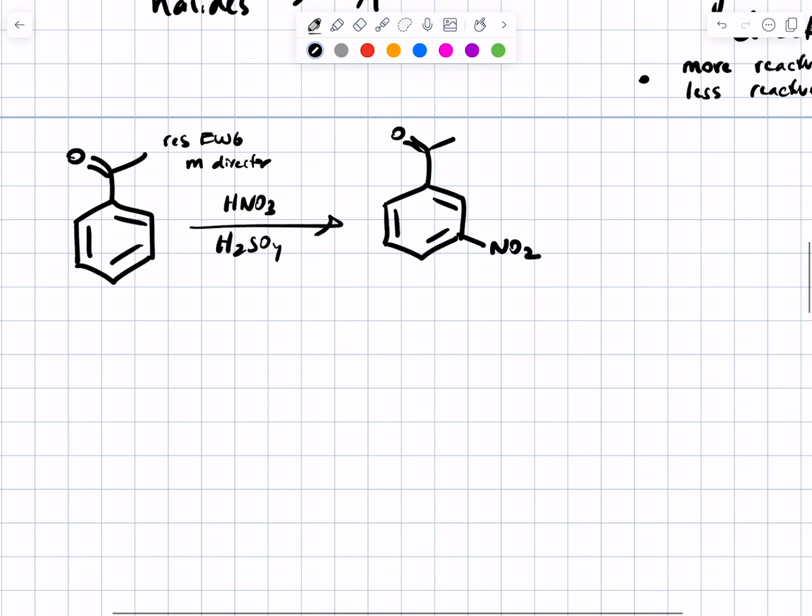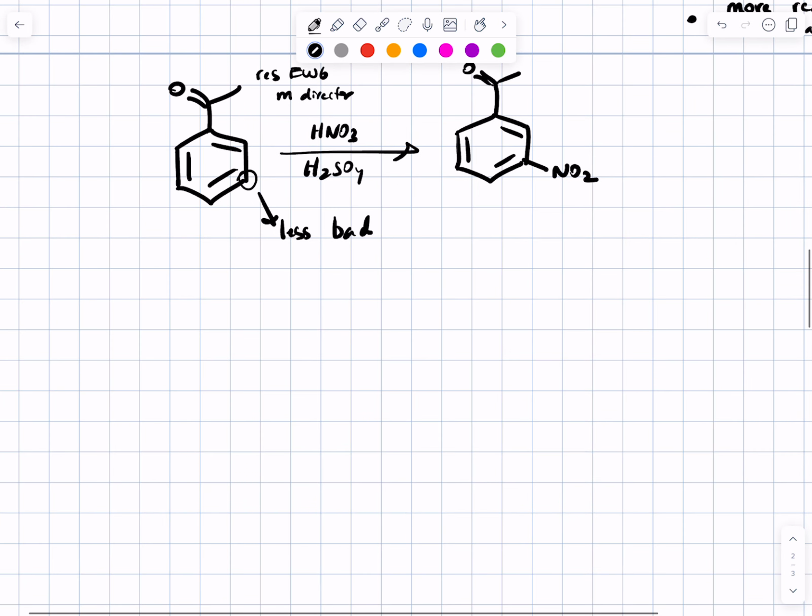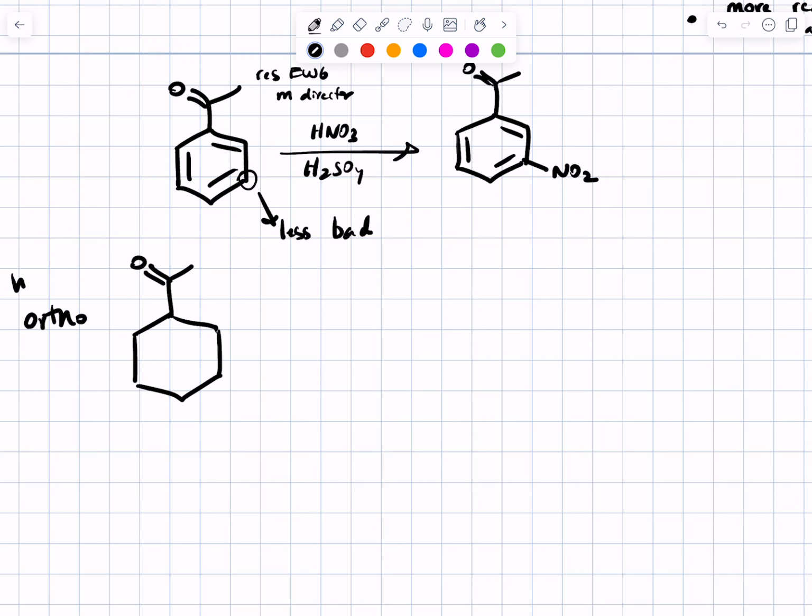And the reason for that is not that the meta position is so much better than the other positions, it's just less bad. And to demonstrate that, we're going to compare the carbocations. So here is the carbocation you would get from the hypothetical ortho attack.